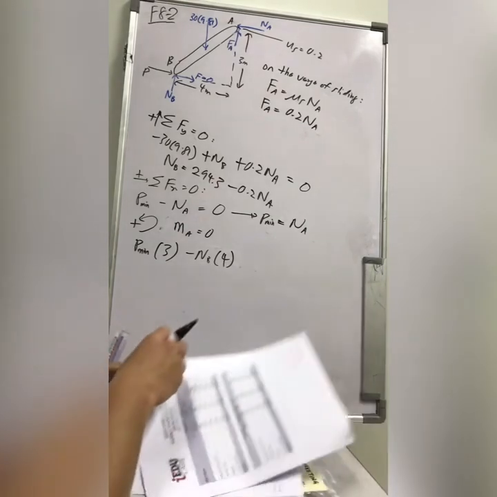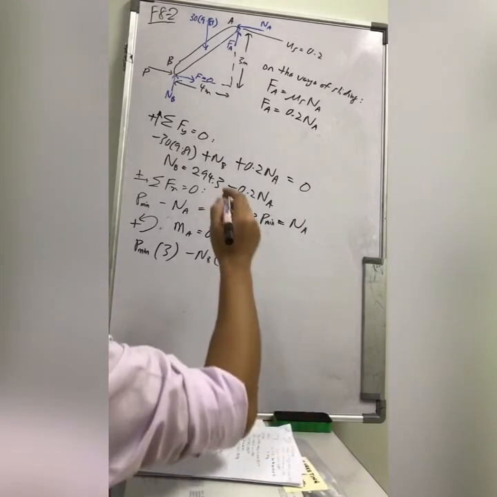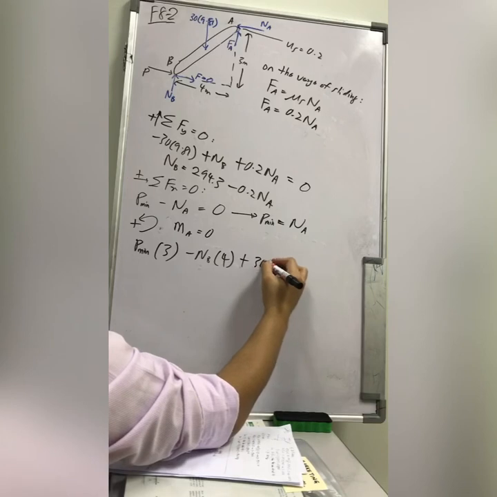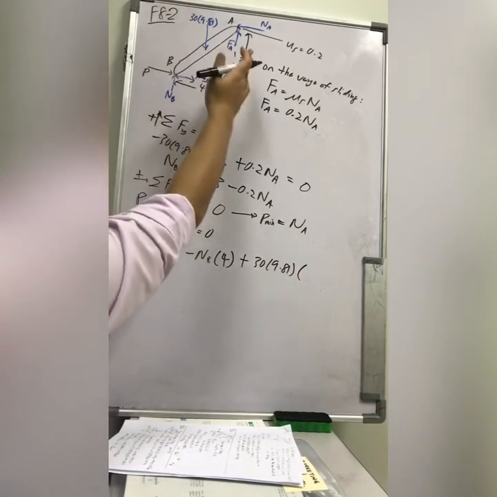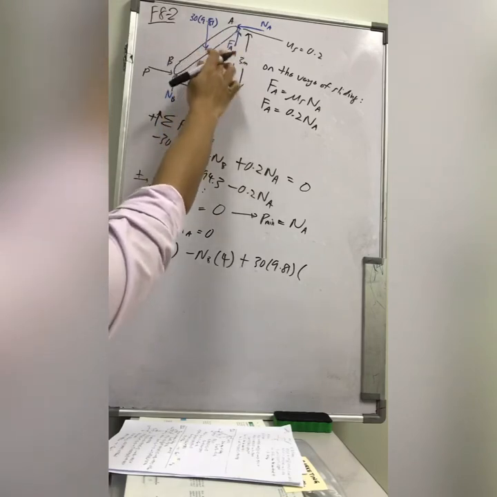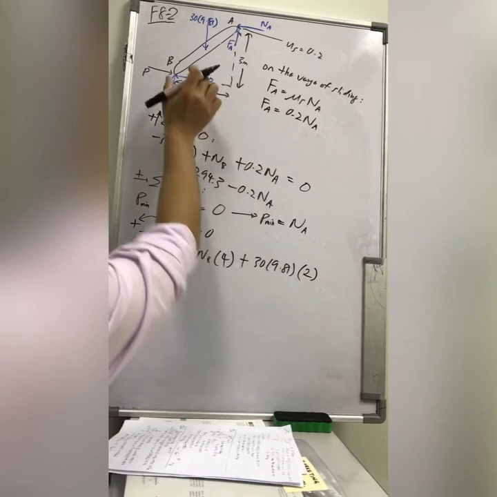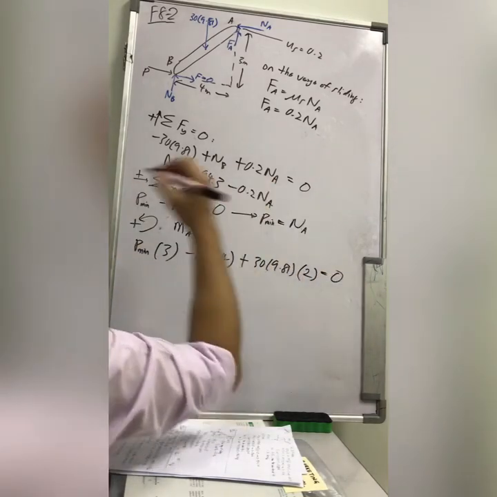What else? You have 30 times 9.81, which is the weight, positive. What is the perpendicular distance? Which is 2, isn't it? 2 and 2, because it's in the middle, equals 0, nothing else.